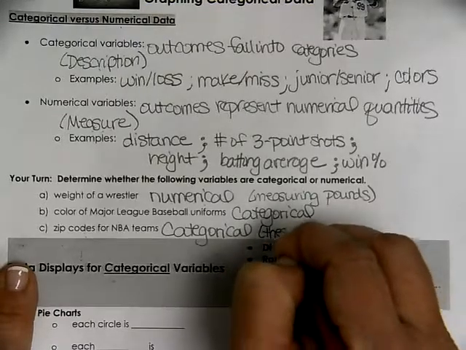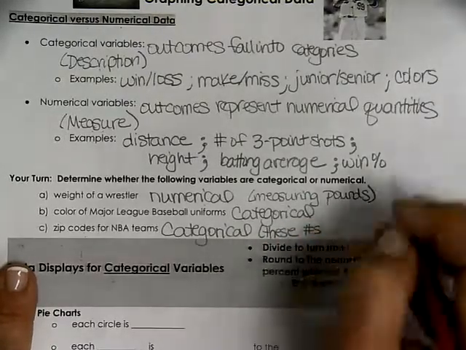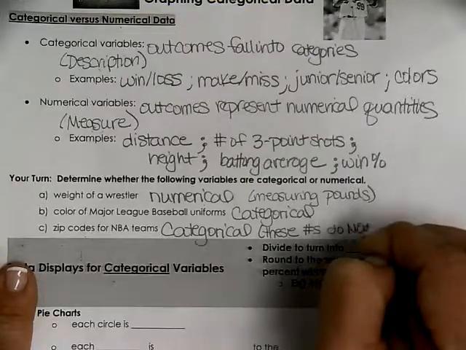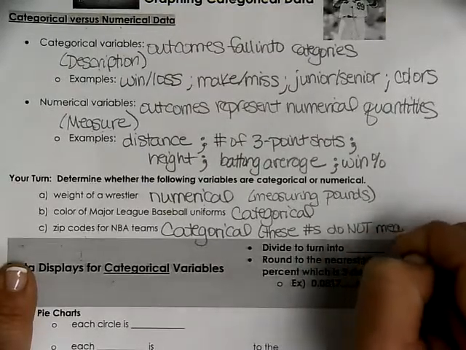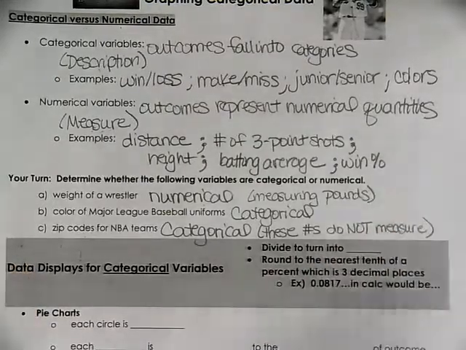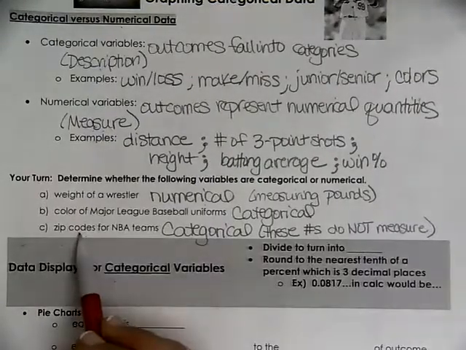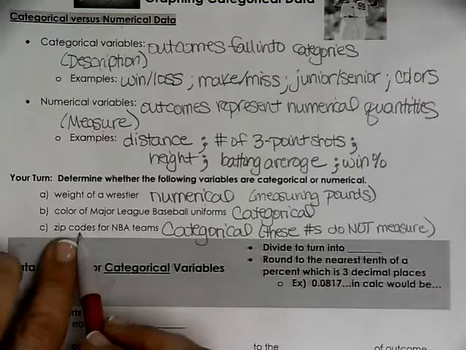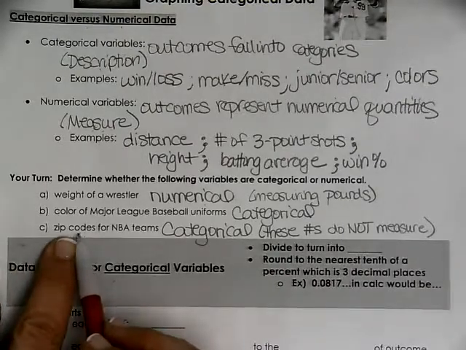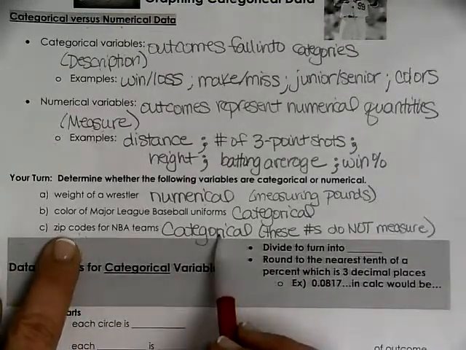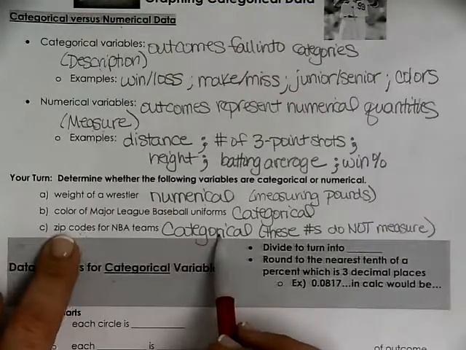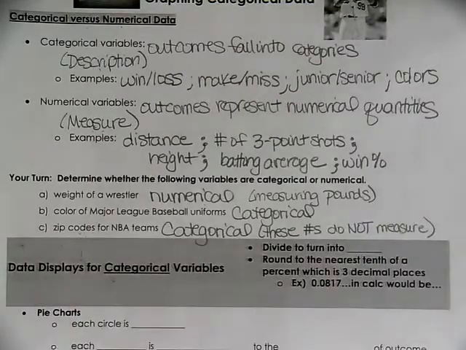So you might make a little note that these numbers do not measure. Just because something is a number doesn't mean it's numerical. It has to measure something. So this zip code would be categorical because the zip code would describe the area in which they live.